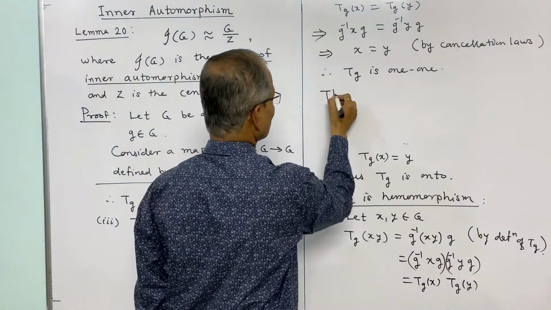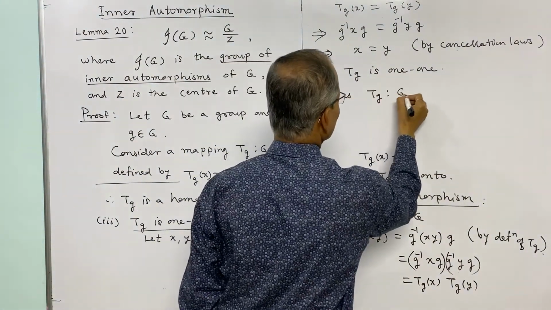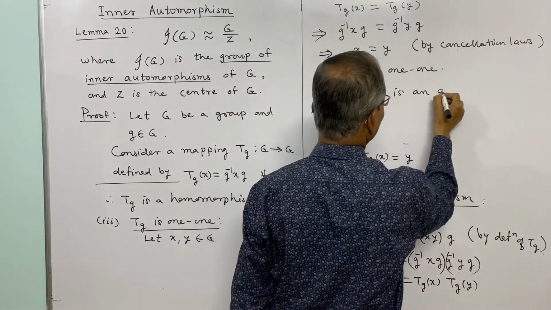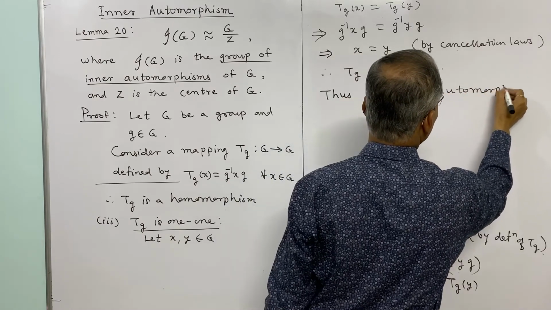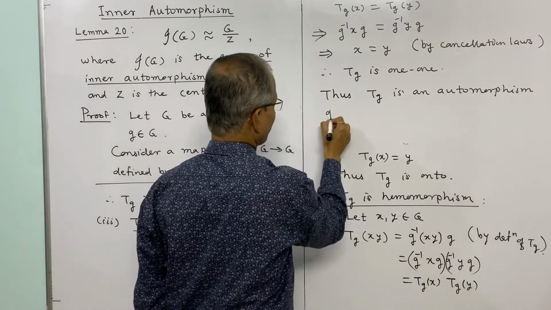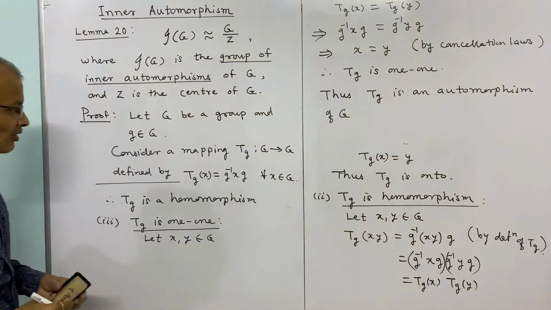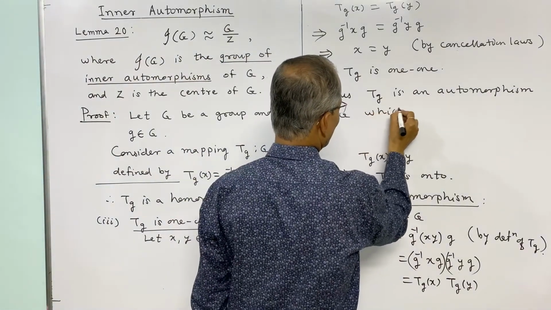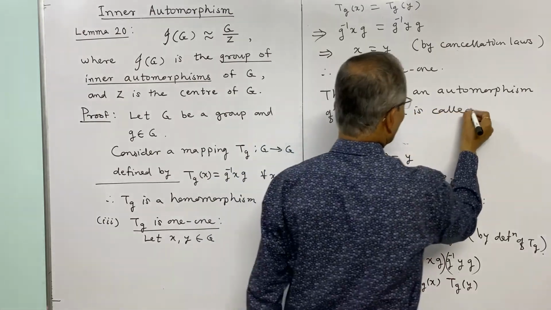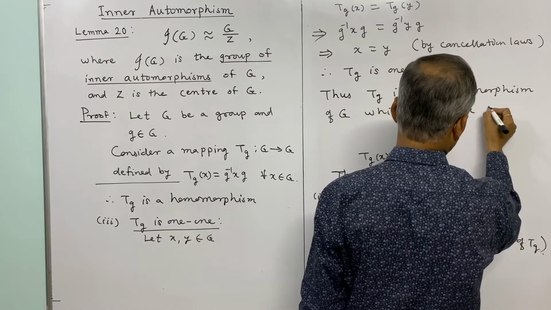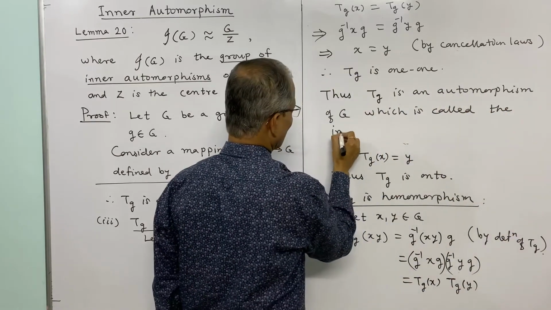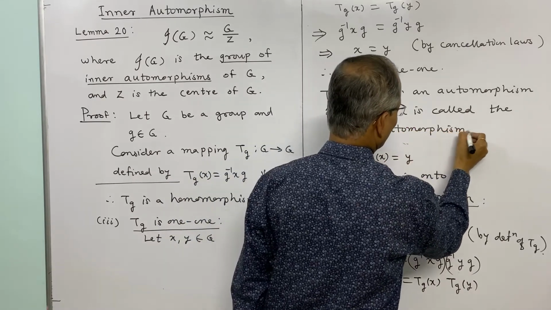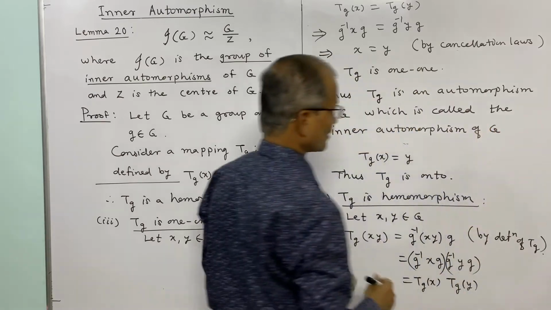And thus Tg from G to G is an automorphism, or Tg is an automorphism of G. This automorphism is called the inner automorphism of G corresponding to small g.